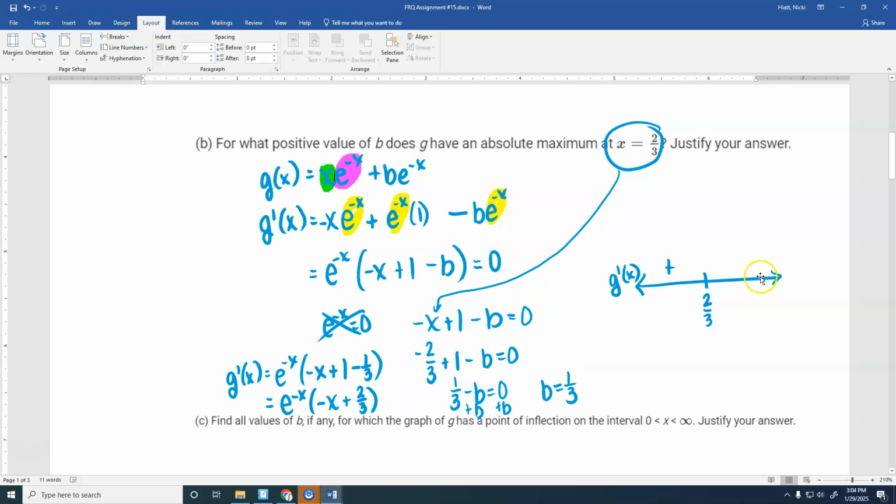And if I plug in a number bigger than 2/3, like 1, negative 1 plus 2/3 would be negative over here. And so since we only have one critical point right there at 2/3, and we switch from positive to negative, we have a relative maximum, but it has to also be the absolute because it's our only critical point there.